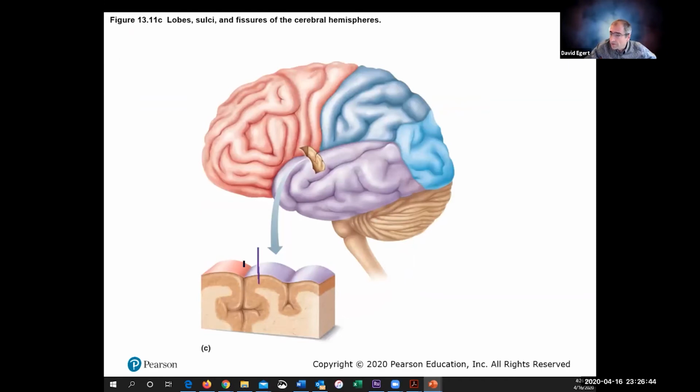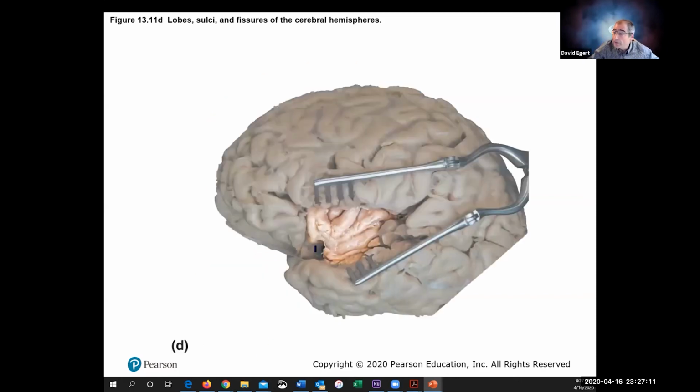Again, we talked about cortex. A lot of the most interesting gray matter in the cerebrum is just on this thin layer, just like 7 cells thick on the surface of the brain. That's where you have all of those, visual processing and hearing processing and executive decision making and all that. Then we get down into the white matter.